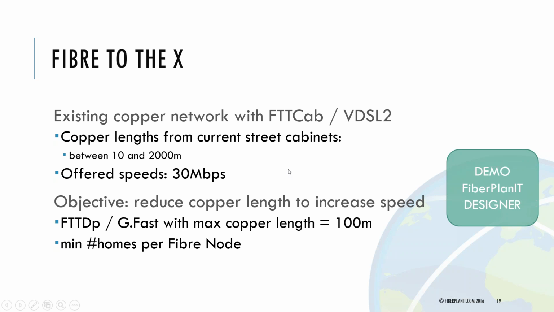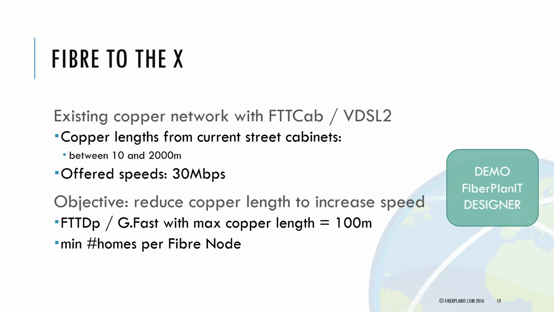Now, one of the objectives that operators have is to reduce the copper length so that you can place new active equipment and increase the speed to your end customer. And in this particular example, we will look at a scenario where you reduce the copper length to a maximum of 100 meters.